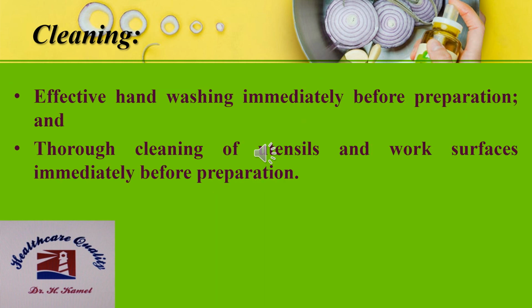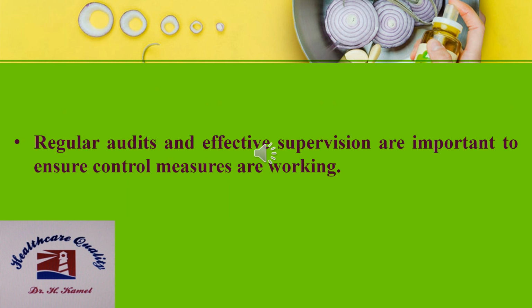For cleaning: effective hand washing immediately before preparation, and thorough cleaning of utensils and work surfaces immediately before preparation. Regular audits and effective supervision are important to ensure control measures are working.